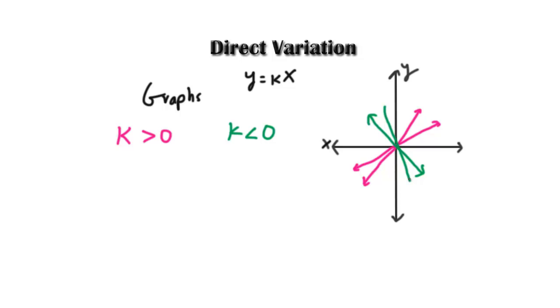You notice that it must pass through the origin, the 0, 0. At the intersection of the x and y axis, it's the point 0, 0.